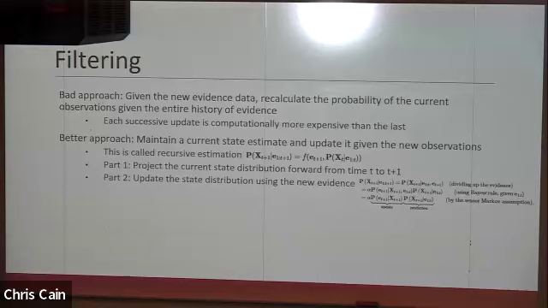So just like we have up above, we divide up the evidence. So the evidence is now, since we have a value for time t plus one, we have a distinction between the evidence of time t and time t plus one. Then we use Bayes' rule. So we go from effect given cause to cause given effect.